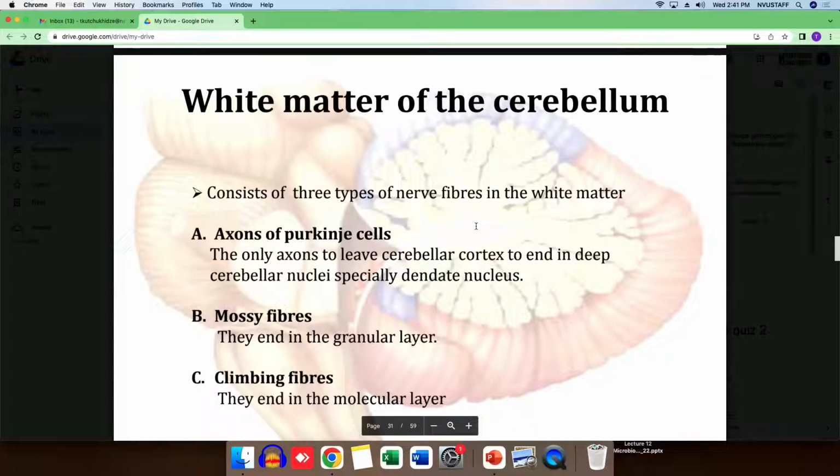Apart from this, we're having the afferent and efferent fibers that are leaving the pathways, leaving the cerebellum, and going to another place. For example, they are connecting different structures, and we are having cerebellar efferents leaving via the middle cerebellar peduncles and also the inferior cerebellar peduncles.